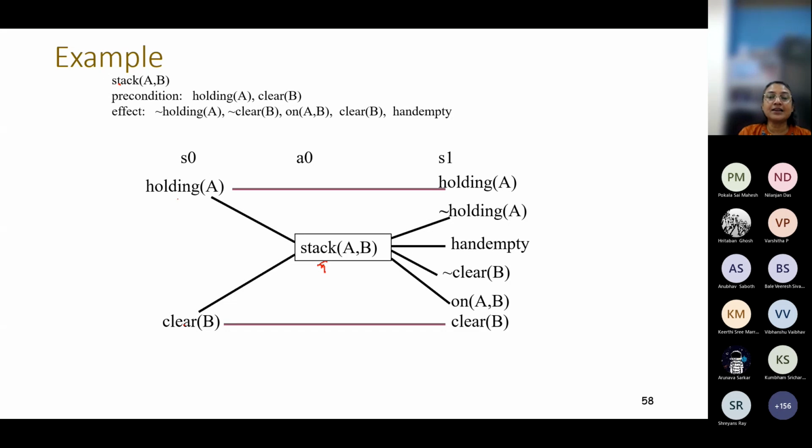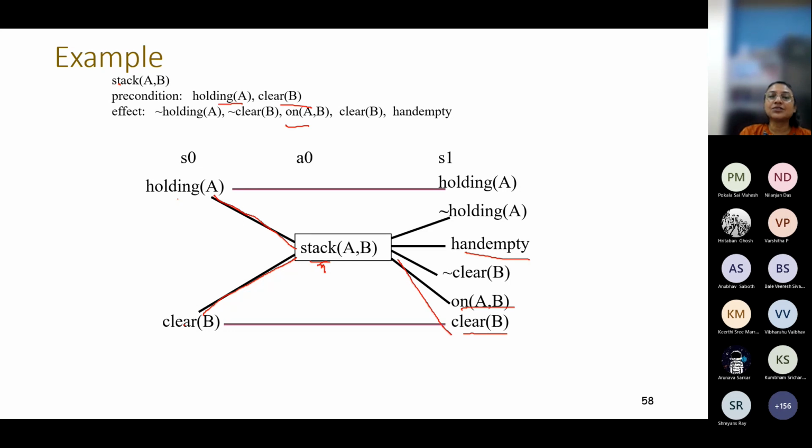We also have precondition edges: for this action, the preconditions are holding A and clear B. So we add these precondition arcs and the effect arcs. The effect arcs carry the add list: on AB, clear B, and hand empty.